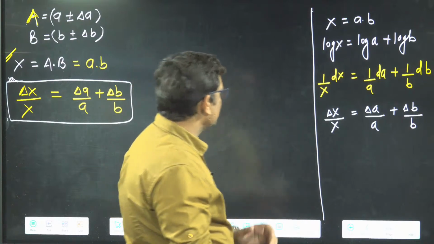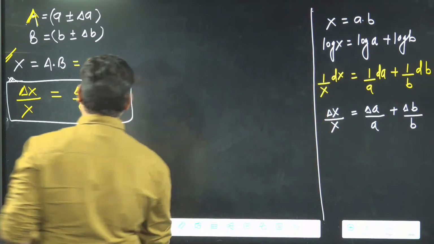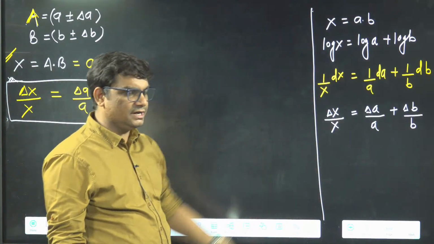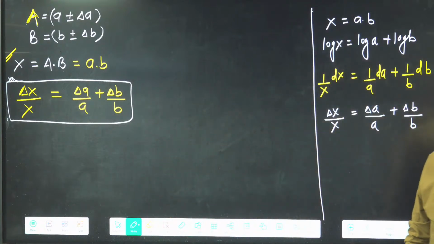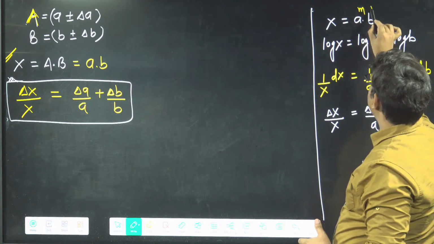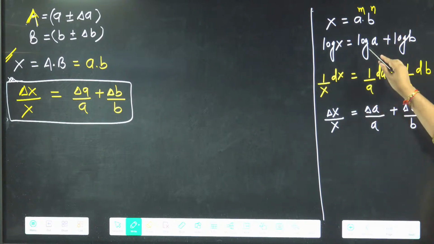Now, first you can finish writing this, up to this you can write, then I will go for some more things in this. Suppose, sir, power is there, here a power m and b power n, then how will you derive it?